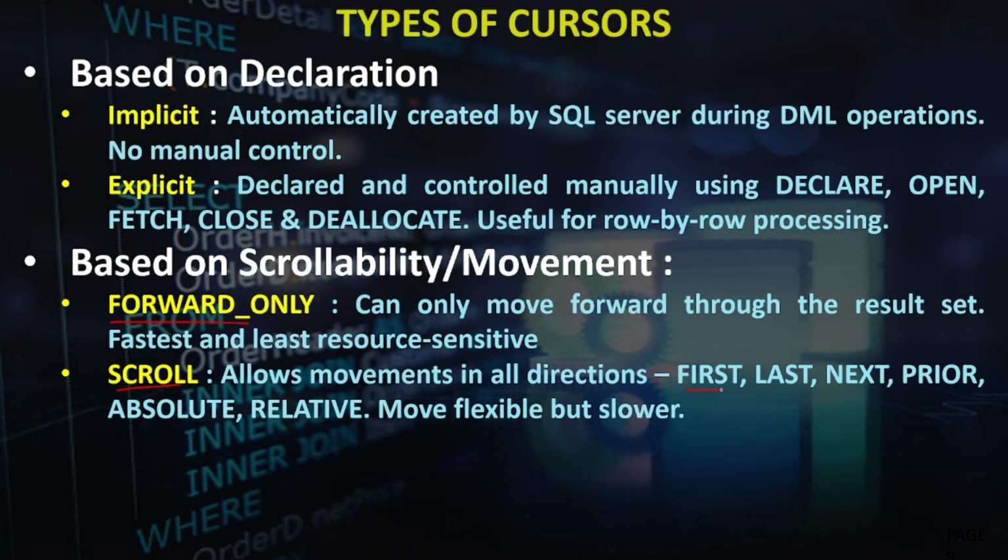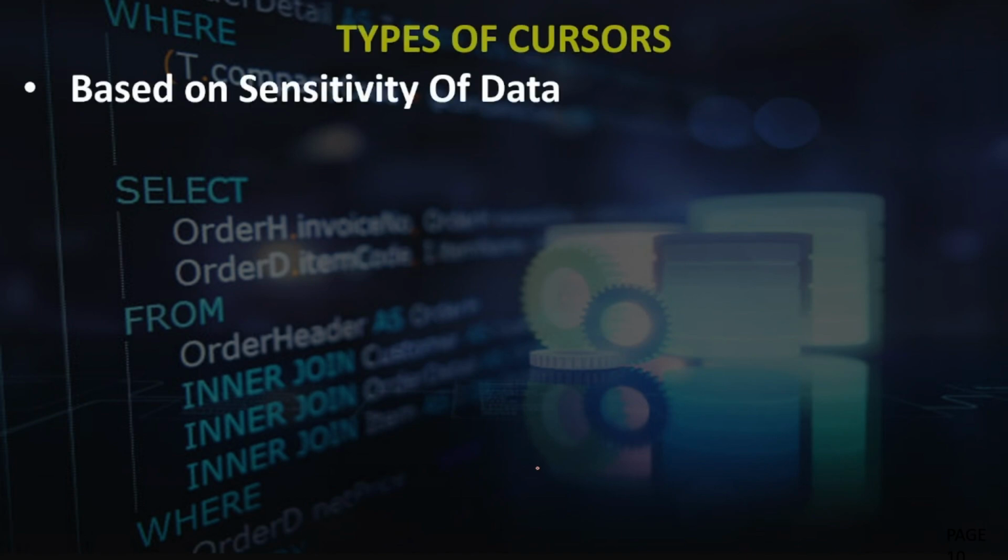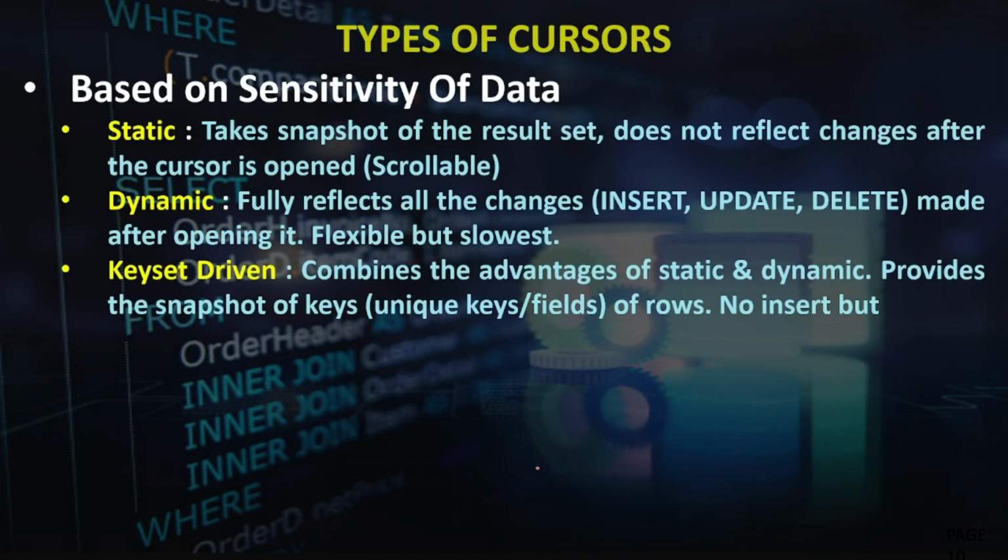We have first, last, next, prior, absolute, relative, and lots of things. Make sense? So based on scrollability and movement, there are two types of cursors we can create, forward only and scroll.